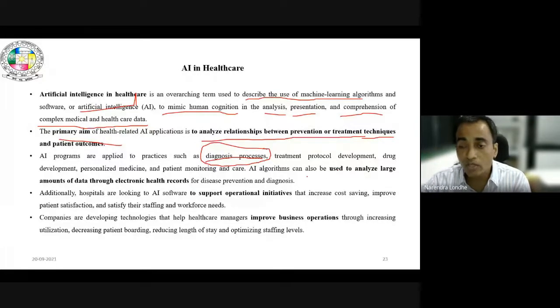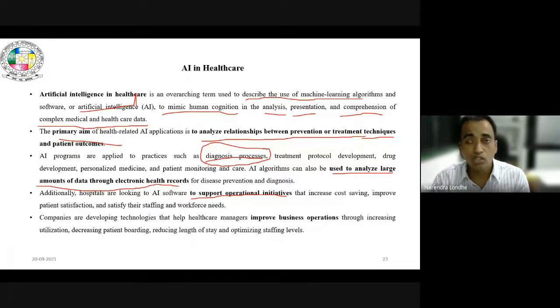Yes, there are AI algorithms used to analyze large amounts of data through electronic health records. Nowadays there are AI applications in analyzing health records. AI software is also used to support operational initiatives. If surgeries or operations are being performed by medical experts, the AI provides them assistance, doing some robotics.